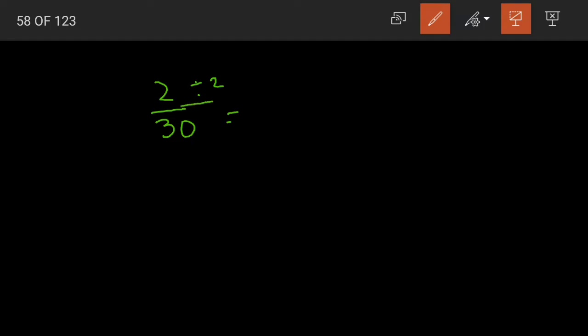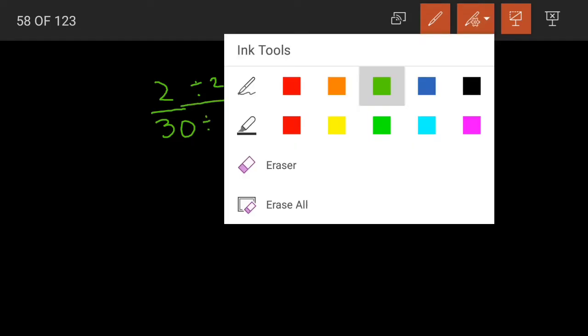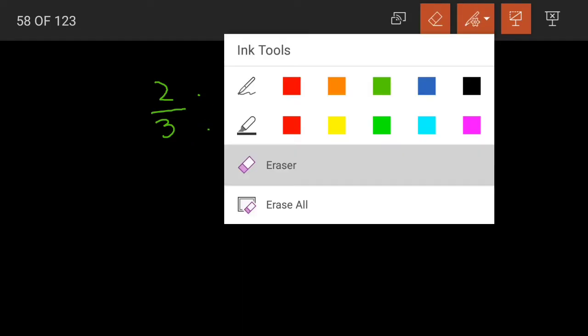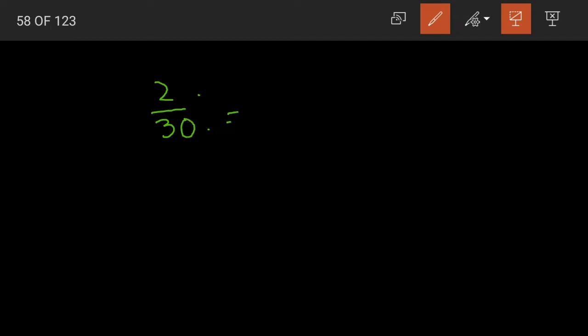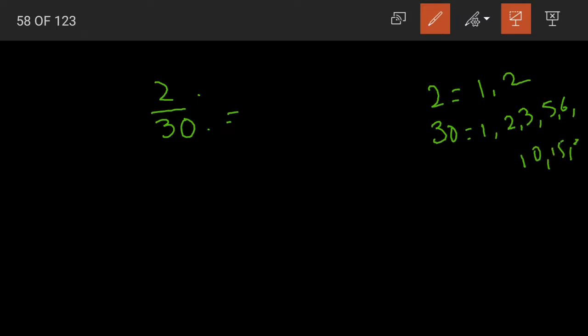If we look at the highest common factor, how do we reduce to the simplest form, children? We look at the highest common factor. The factors of 2 are 1 and 2. The factors of 30 are 1, 2, 3, 5, 6, and what else? 10 and 15 and 30.